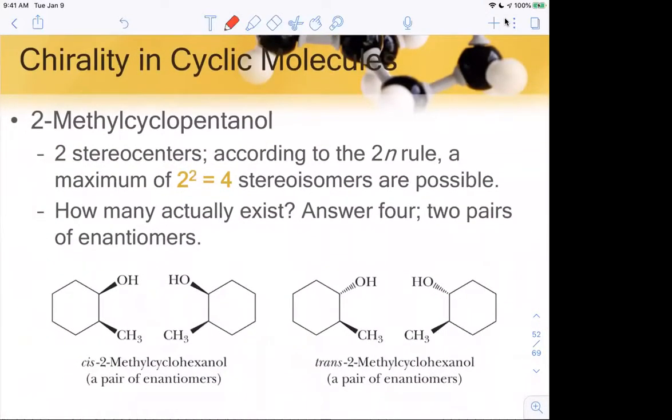When we look at cyclohexane molecules, we're going to see that we can have many examples. What I'm looking for is symmetry. In this example, which I have cis 2-methylcyclohexanol, this is bolded up, right? This is cis. Here's my mirror image. So this is two pairs of enantiomers.